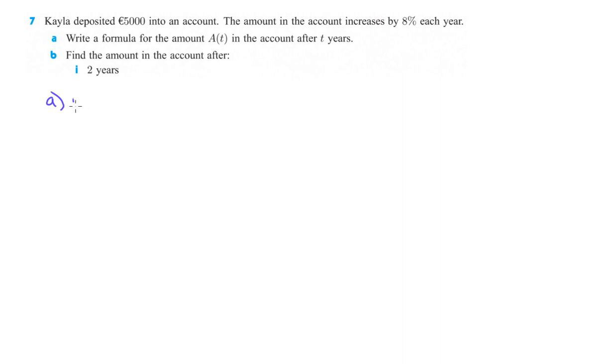Okay, so the amount after a certain amount of time will equal, she started with 5,000, and now we're going to increase it by 8%. So 8% is 0.08 as a decimal. But we also want to add in the original 100%, which is 1.00.